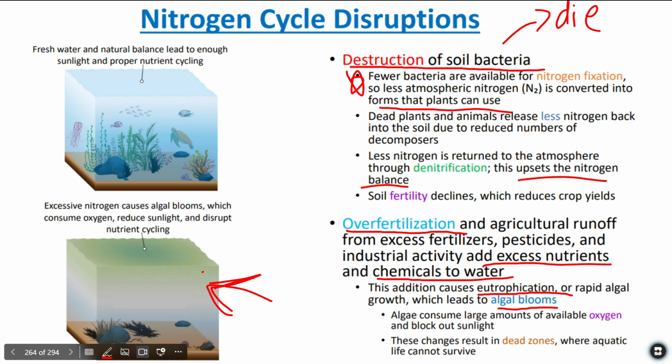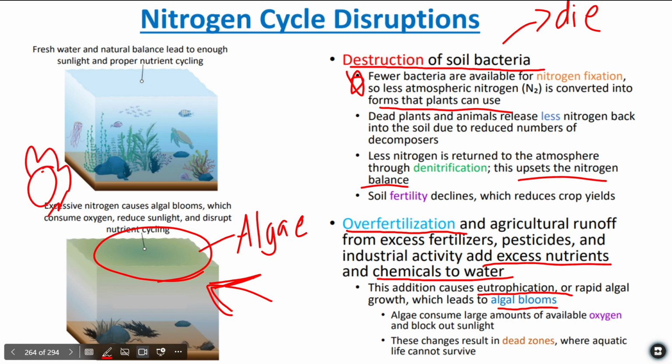Where algae, this is all algae up top. This is where algae starts to grow faster than it's supposed to, and it's going to block oxygen and sunlight. So sunlight, there's the sun. Sun rays cannot make it past the algae, which means the plants underneath are going to die.